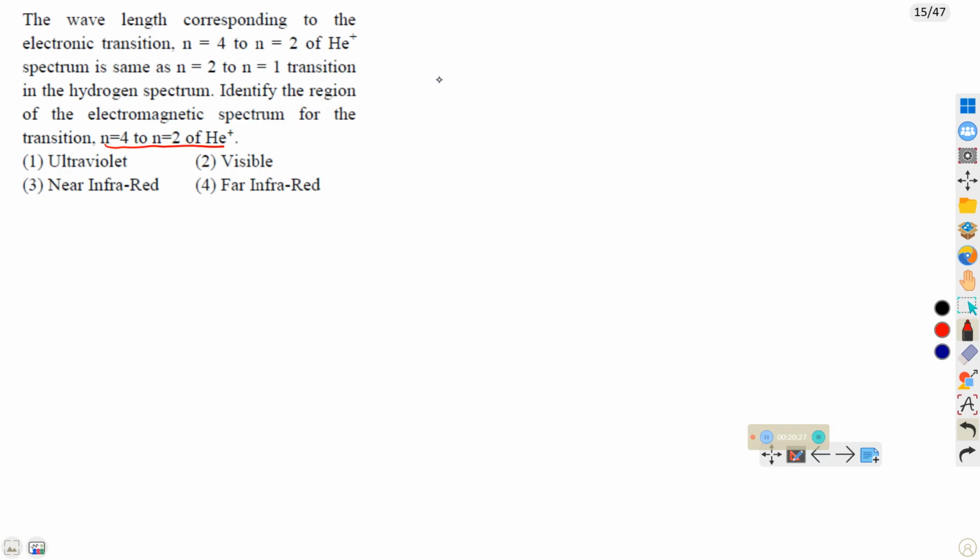According to Rydberg's equation, for a hydrogen-like atom, nu bar is equal to 1 by lambda is equal to R into (1 by n1 square minus 1 by n2 square) into Z square.